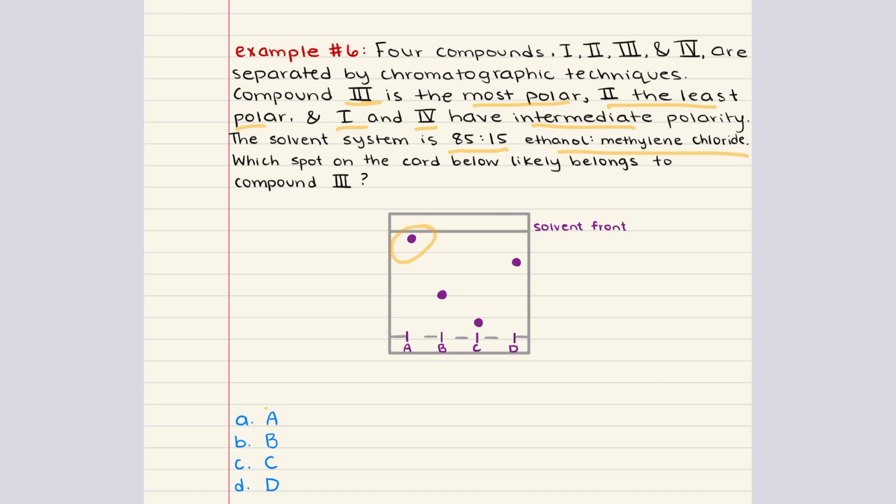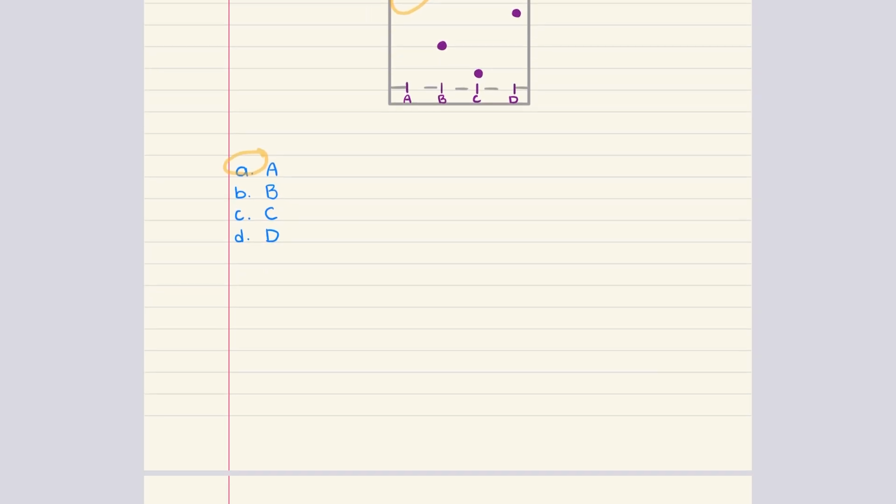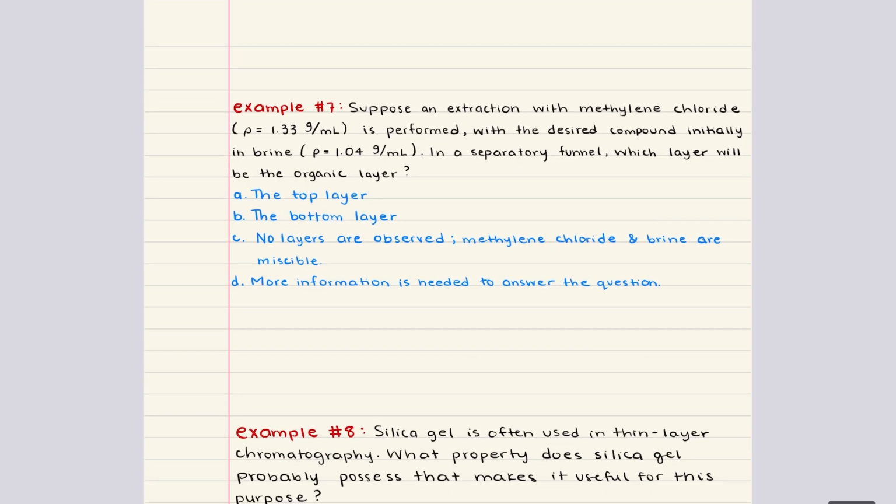So 6 is A. Problem 7 says, suppose an extraction with methylene chloride is performed with the desired compound initially in brine. In a separatory funnel, which layer will be the organic layer?